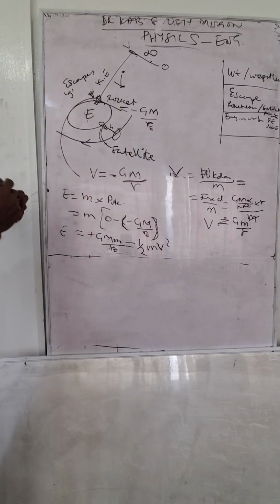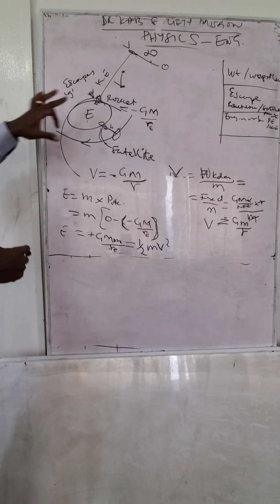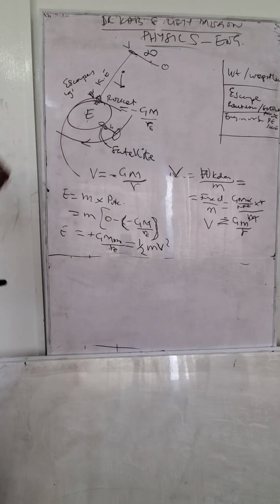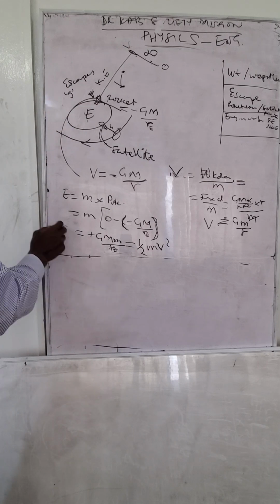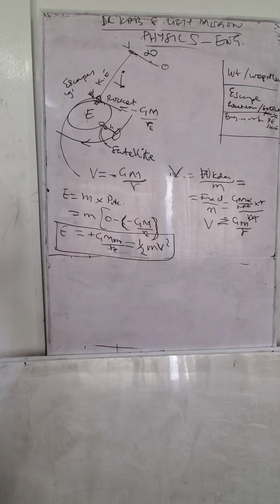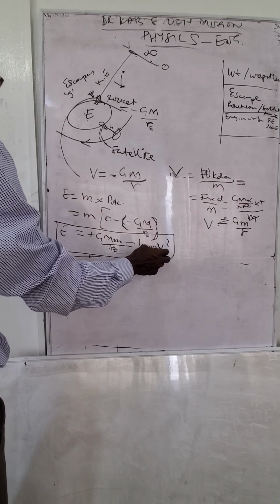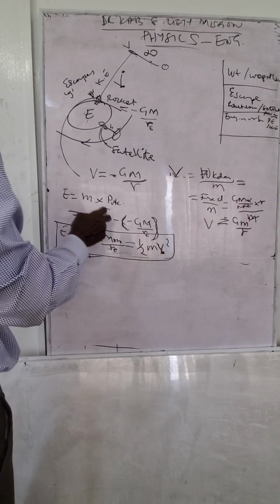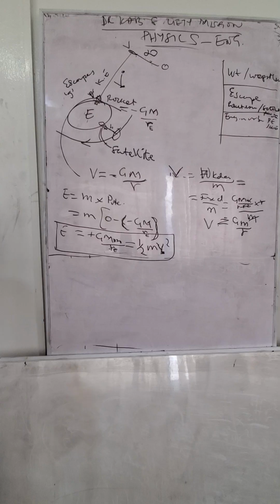So we want the minimum velocity that the rocket needs to move with so that it can escape the force of attraction of the Earth. So this is the equation that we're going to use to find the escape velocity. The velocity in this equation will be the escape velocity, the minimum velocity that the rocket should have to be able to escape the attraction of the Earth.